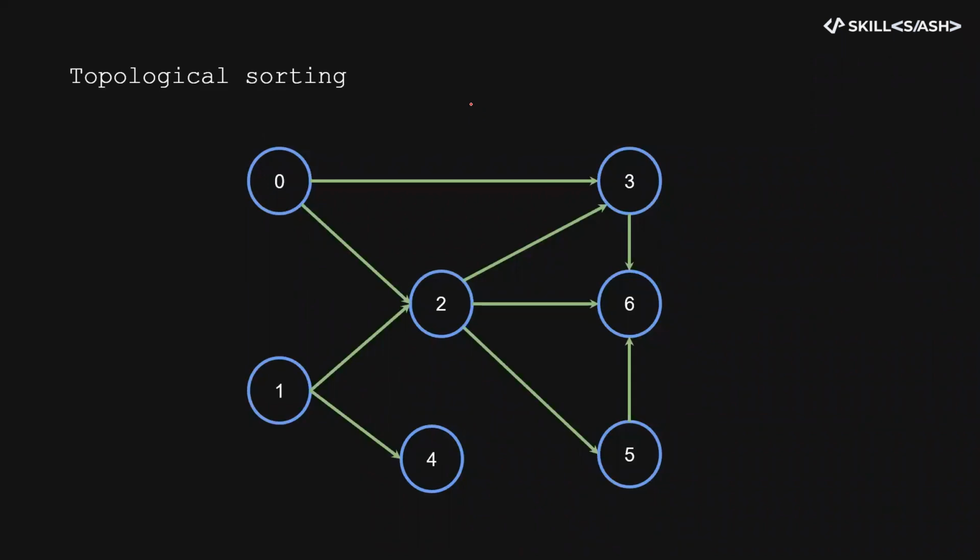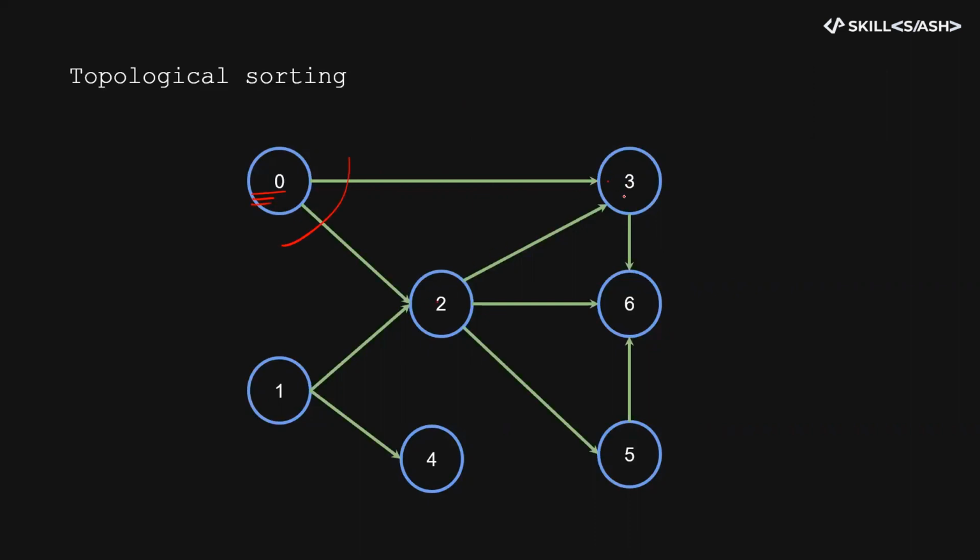Topological sorting is just like our workflow operations, or I would say after which node can be executed. Like once 0 is done, only then I should be able to execute 3 and 2.